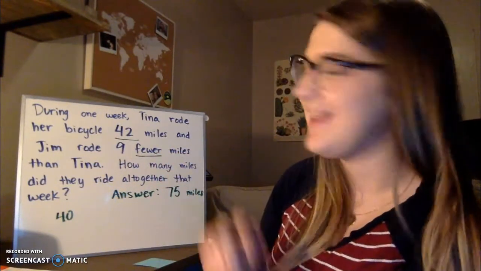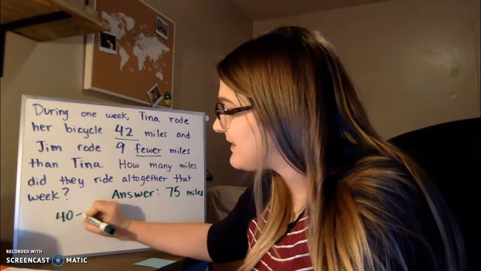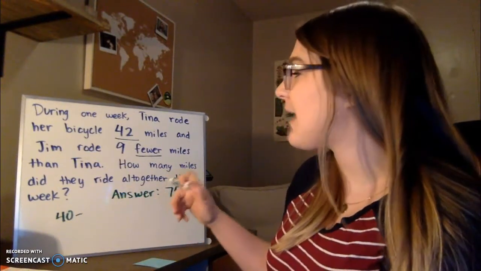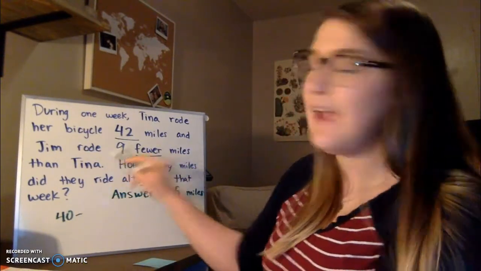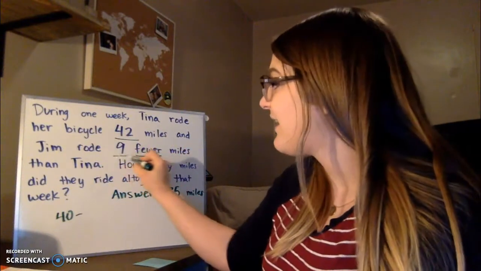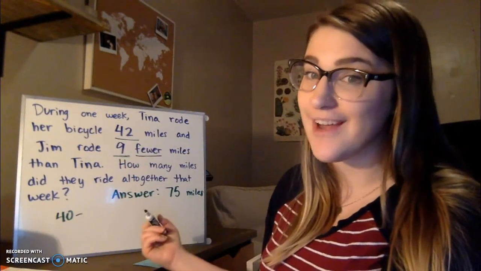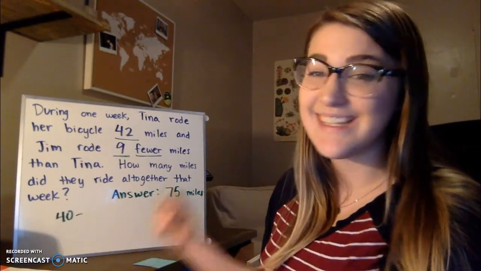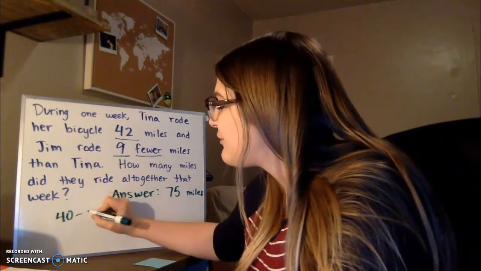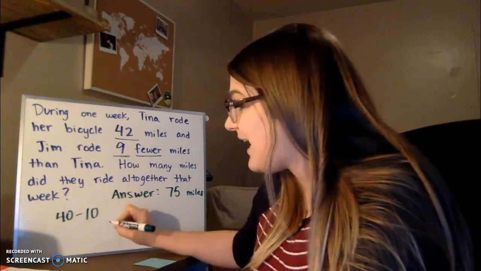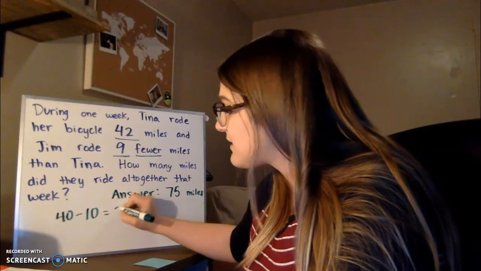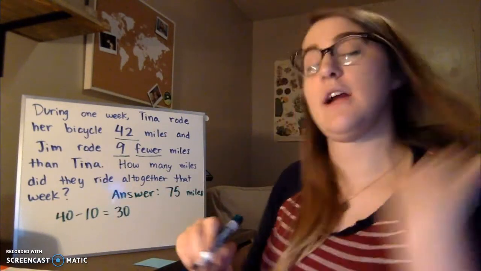Probably subtraction, because fewer means less. So he rode fewer miles than Tina. And if we round 9 to the nearest 10, what are we going to round it to? 10. So if we do 40 minus 10, that gives us 30, right?